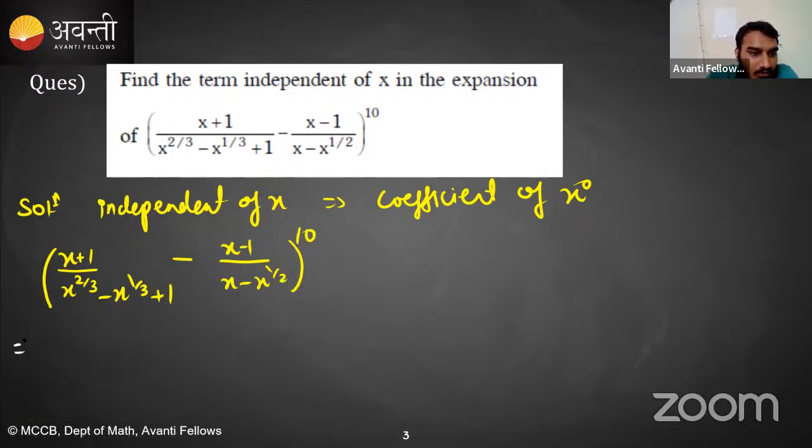So students, if you look closely in this expression, in the first term you see x raised to the power 1 by 3 and 2 by 3, right?